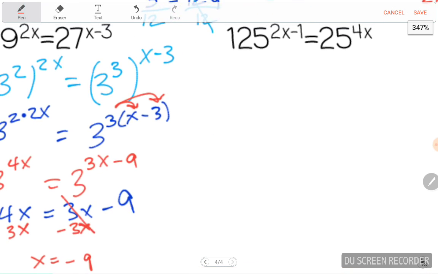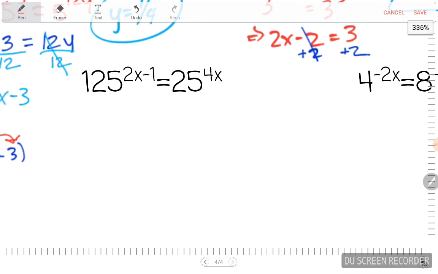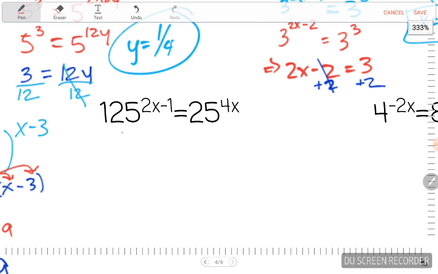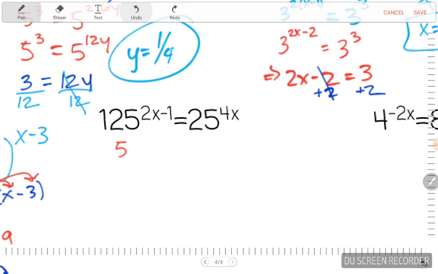Okay, over here, again, 5 is going to be my base, like this last one up here. So I have 125 is 5 cubed. Then to the 2x minus 1 is going to equal 5 squared to the 4x. Okay, power to a power, once again, we need to multiply.